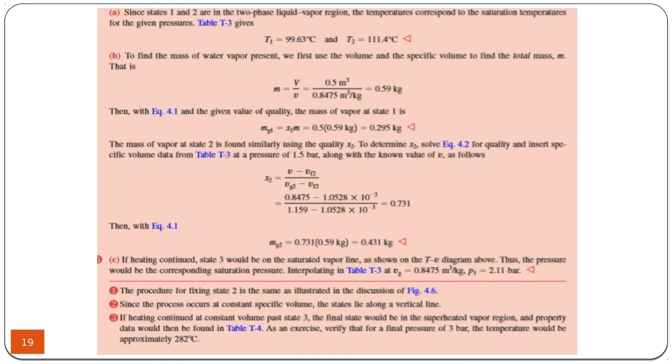From that, you can calculate the new quality of the water by using the same specific volume as well as the specific volumes of the liquid and gas obtained from the saturation pressure of 1.5 bars. As you can see, the new quality is 73%, which is higher than 50%, meaning that more water has converted to gas, so the quality has increased.